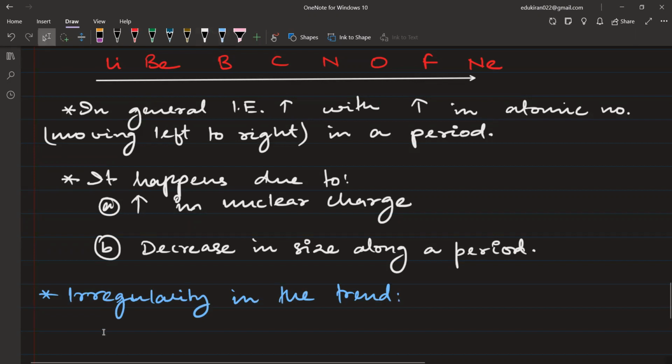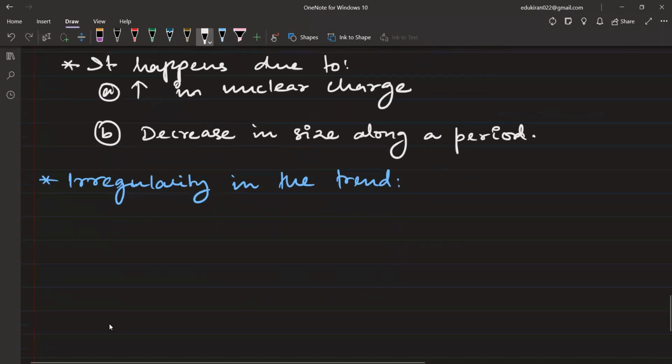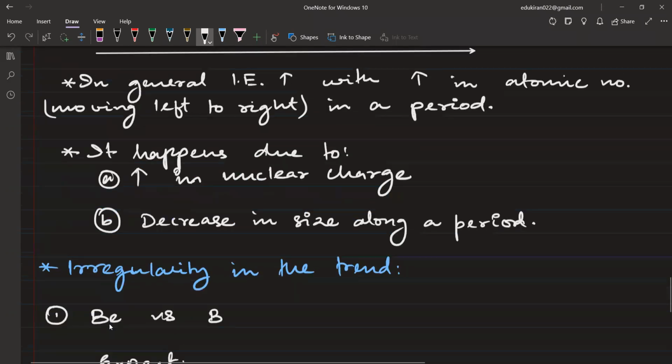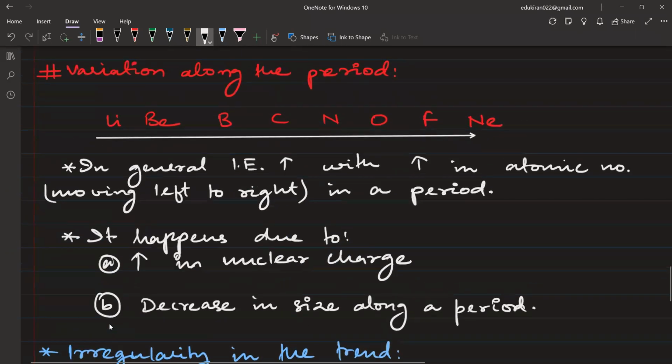In the first irregularity, we have beryllium versus boron. What did we expect? Tell me, which will have higher ionization enthalpy, beryllium or boron? According to this trend, which should have higher?